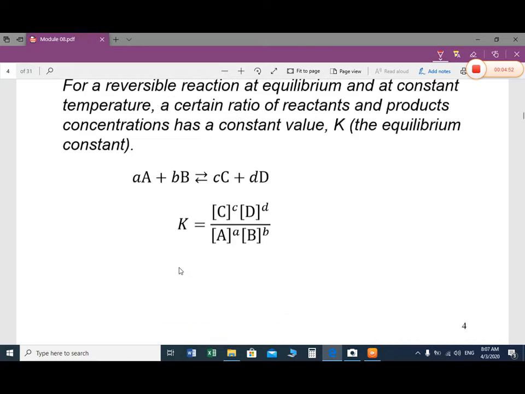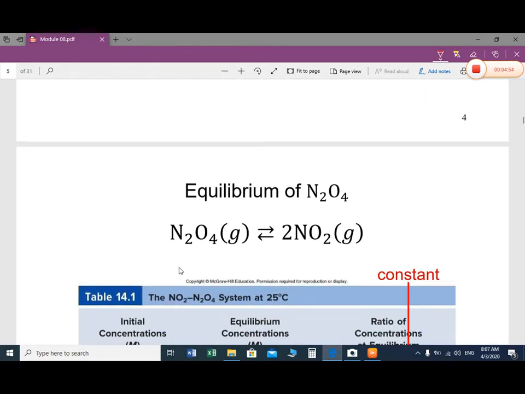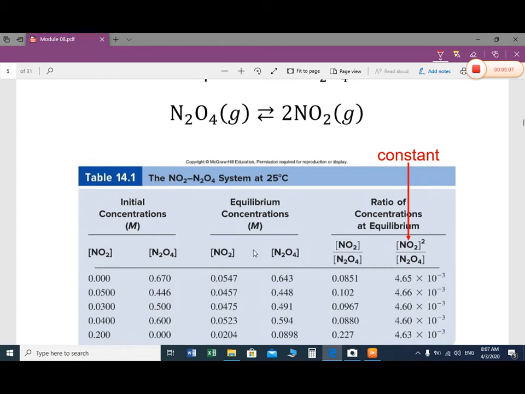Before we go to the different types of equilibrium, let's look at this example again: dinitrogen tetroxide and nitrogen dioxide as a reaction system. We take different concentrations of nitrogen dioxide, increasing from 0 to 0.2 in different experiments.